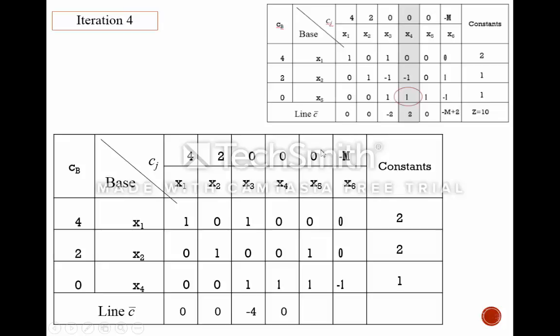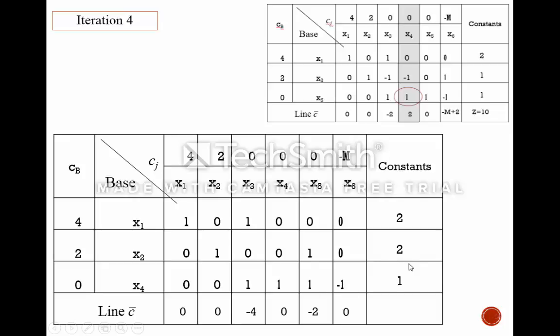And the fifth is 0 minus 4 times 0, minus 2 times 1, minus 0 times 1, and the result is minus 2. And the last is minus m, minus 4 times 0, minus 2 times 0, minus 0 times minus 1, and the result is 0.